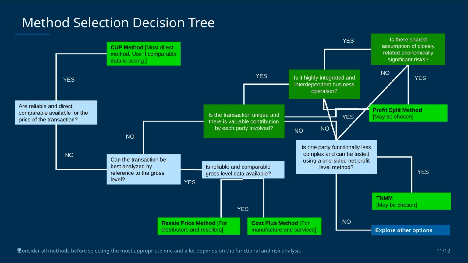For transactions with unique and valuable contributions, where businesses are highly integrated and interdependent, and sharing significant risks, either jointly or separately, you may consider the profit split method, but exercise caution. If one of the transacting parties is less complex, the transactional net margin method may be suitable. It is widely used, and there are several databases to help you with reliable comparable data.